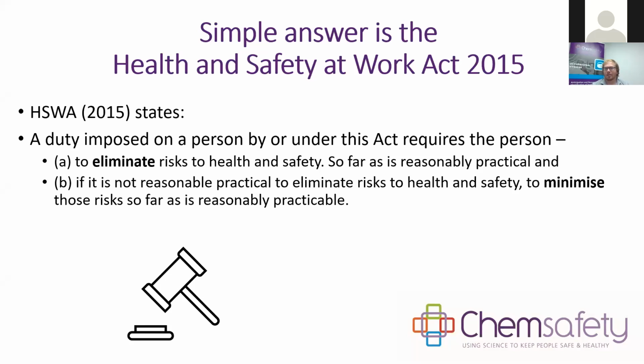And if it's not reasonably practicable to eliminate those risks to health and safety, to minimize those risks as far as reasonably practicable. So if you look at that minimization, that's all those controls we were looking at earlier that weren't elimination. So substitution, isolation, engineering controls, administrative controls, and finally PPE.